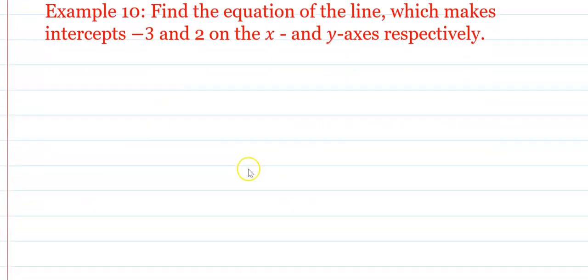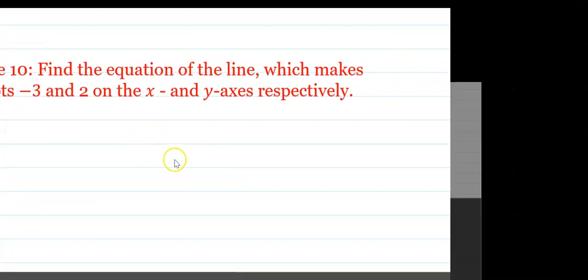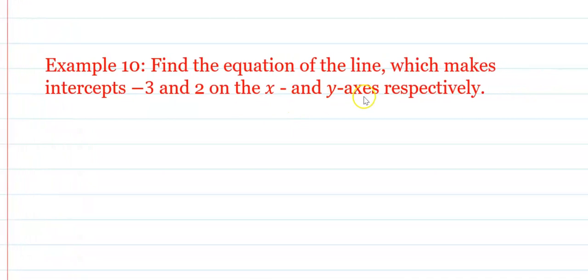Now next, find the equation of the line which makes intercepts minus 3 and 2 on the x and y axes respectively. Now the solution.